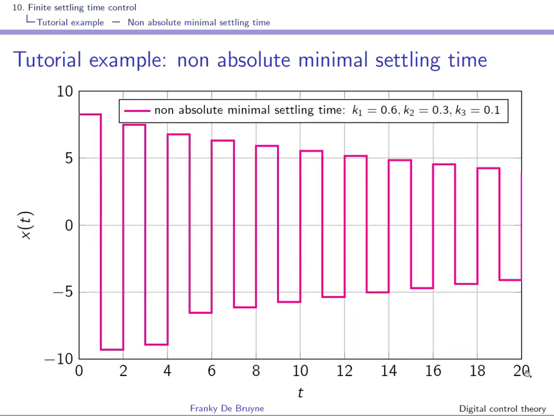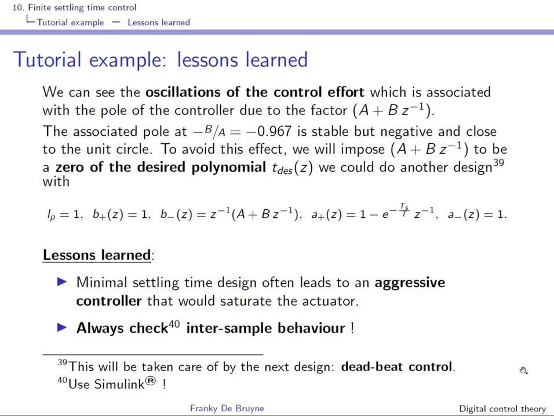And this is the control energy, and we see indeed that it is oscillating and changing sign from one sample to another due to this pole that is located in the controller close to z is equal to -1. These are the lessons learned.